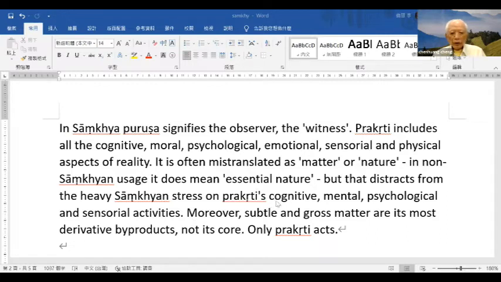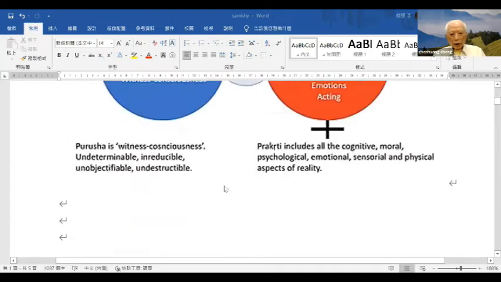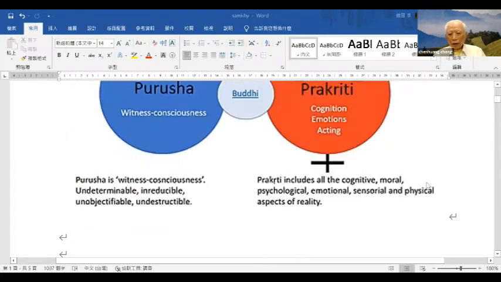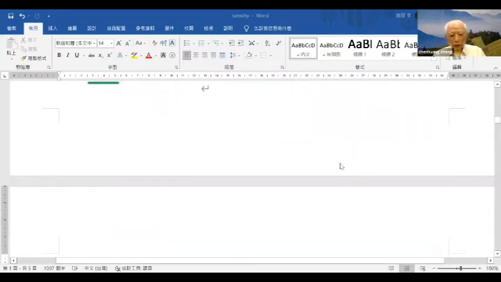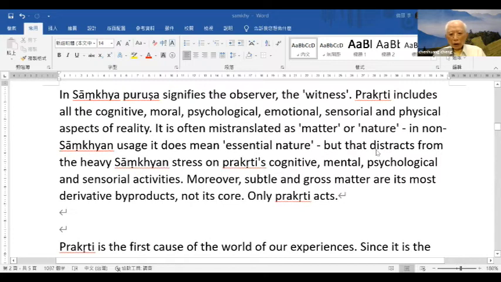So Prakriti means the cognition or mentality or psychological function and the sensorial activities. Of course, we say that Prakriti is also a kind of physical aspect of reality. However, we must understand, moreover, that subtle and gross matter are mostly derivative byproducts.